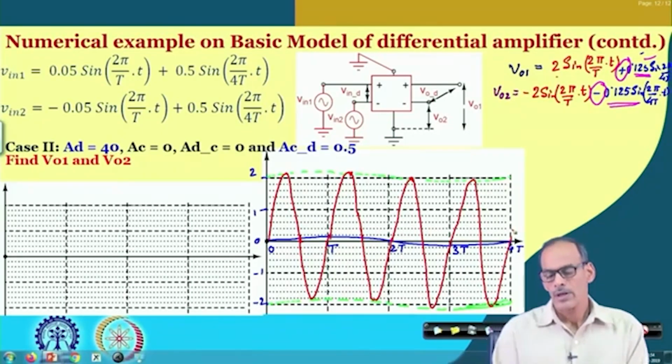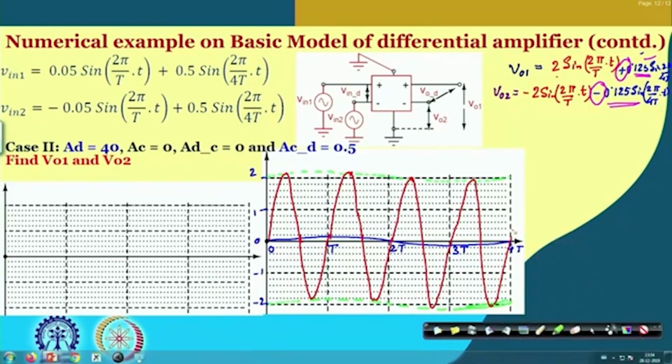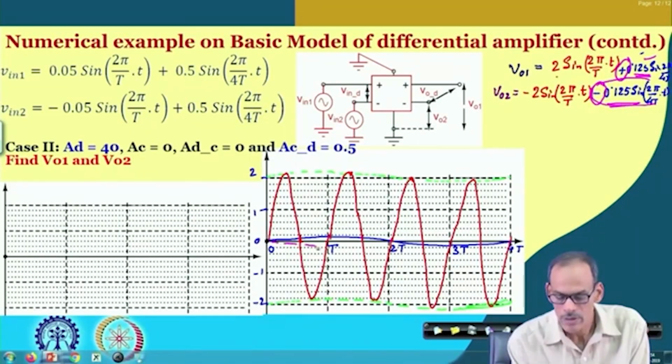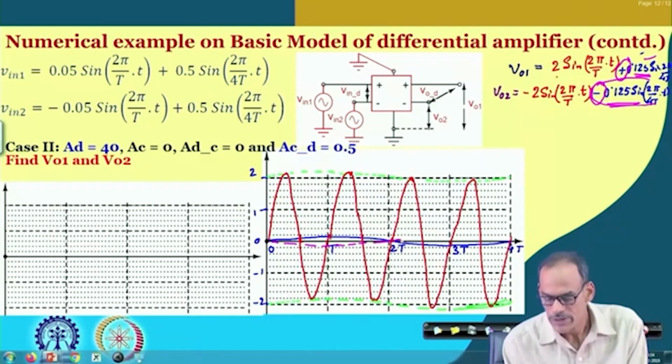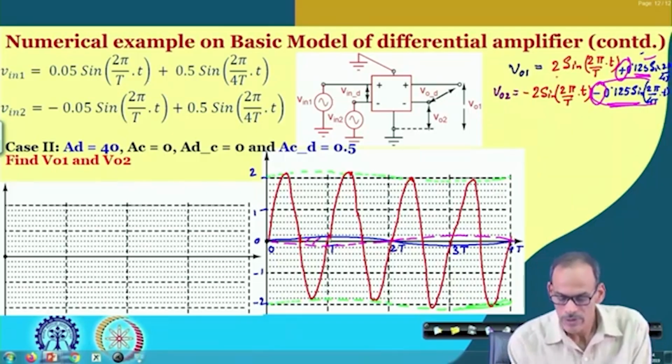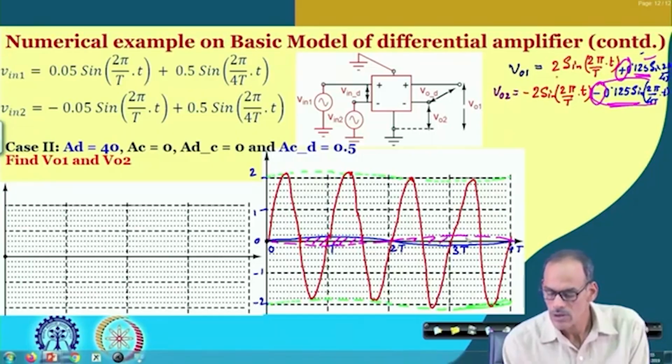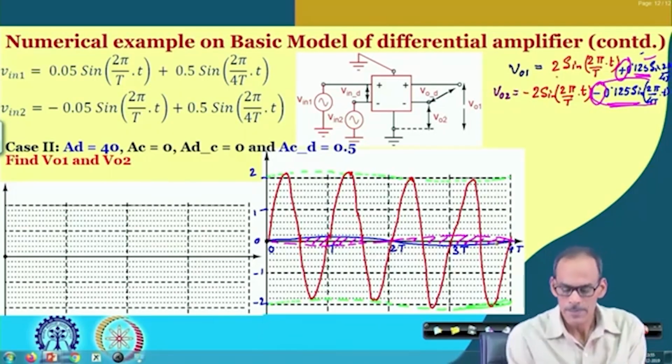Right. Now, if I consider this part having a minus sign, which means that we do have something similar to the blue one, but with opposite phase. So, this is the unwanted low frequency part or unwanted common mode signal.